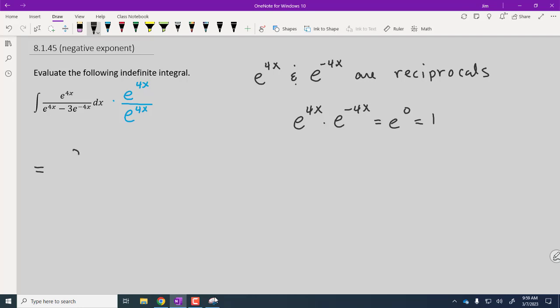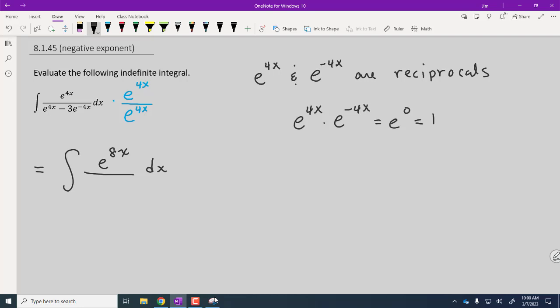Okay, so here, what will we be left with in the numerator? e to the 8x. If we multiply exponential expressions with the same base, add the exponents.